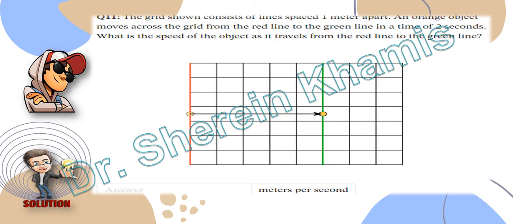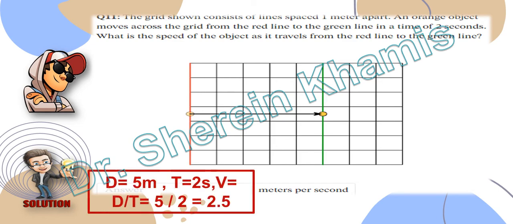What is the speed of the object as it travels from the red line to the green line? Each square is 1 meter. So we have 1, 2, 3, 4, and 5, so it will move 5 meters.